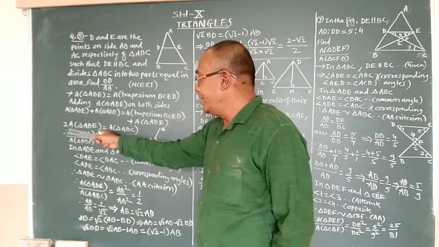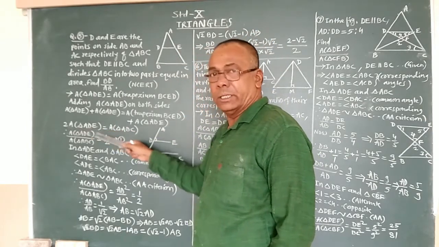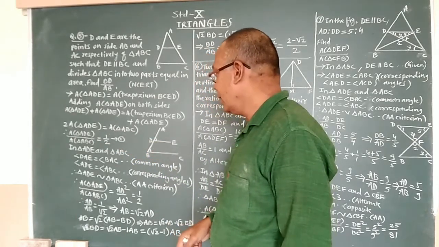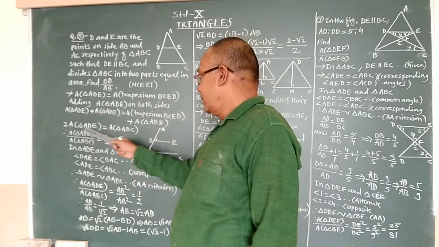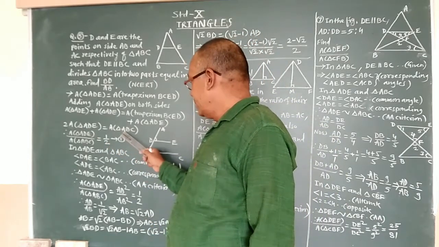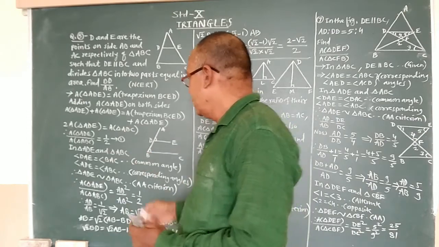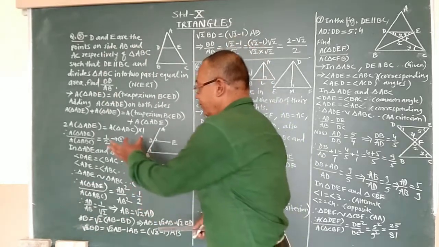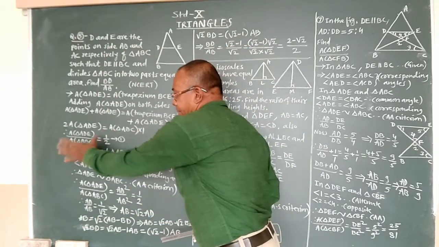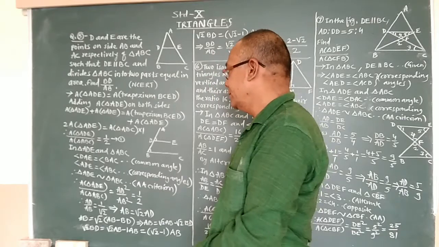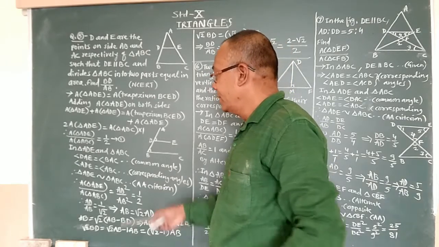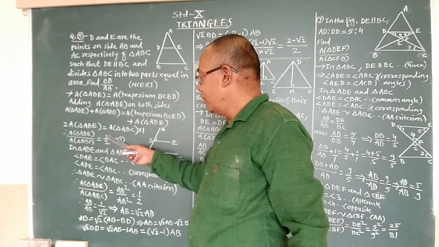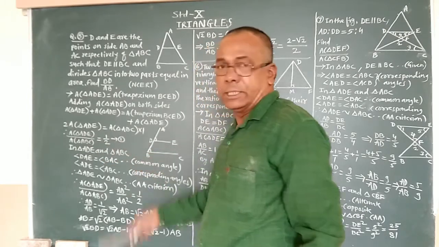So 2 area triangle ADE equals area triangle ABC, and now taking the denominator, area triangle ADE upon area triangle ABC is equal to 1 upon 2 or 1 half. That is equation number 1.